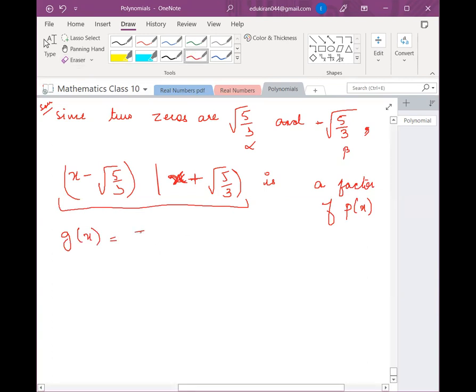Ma'am, so the multiple of the factors should also be a factor. Yes, exactly. Yes, because look here.